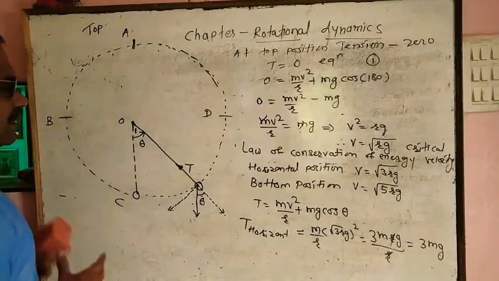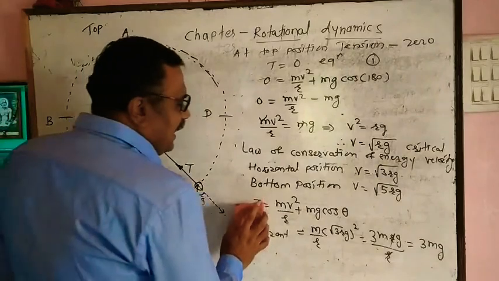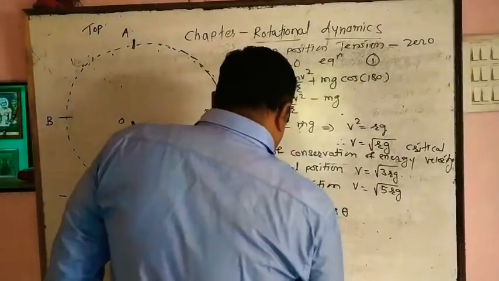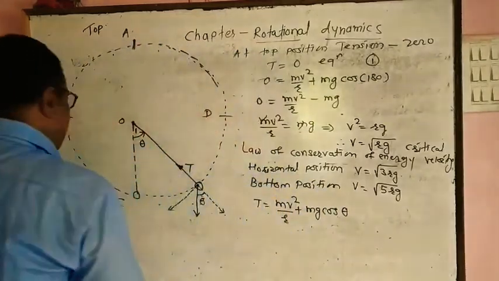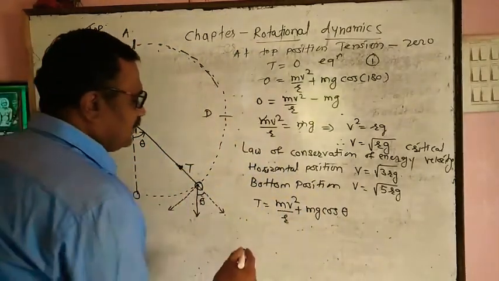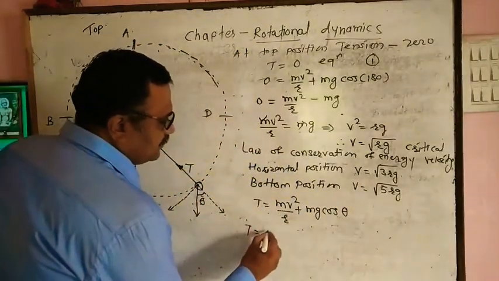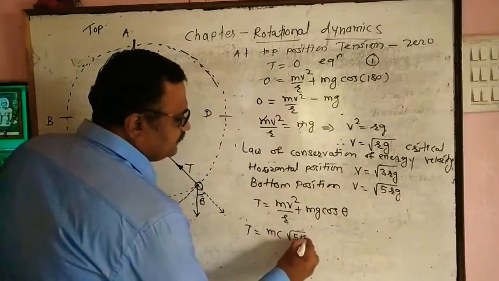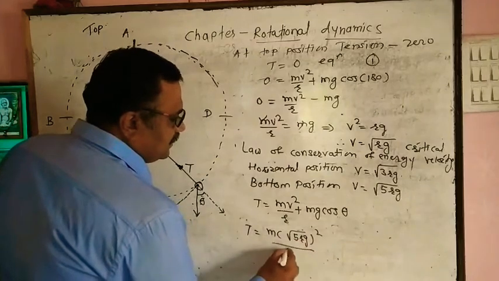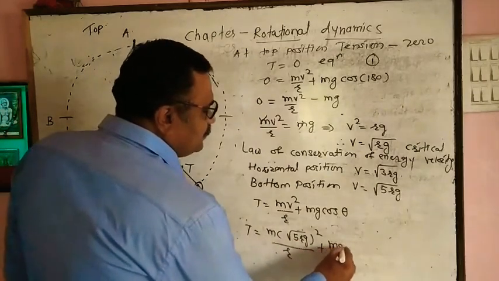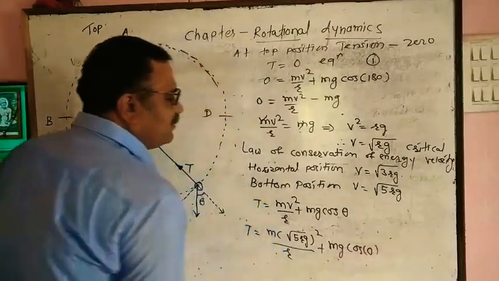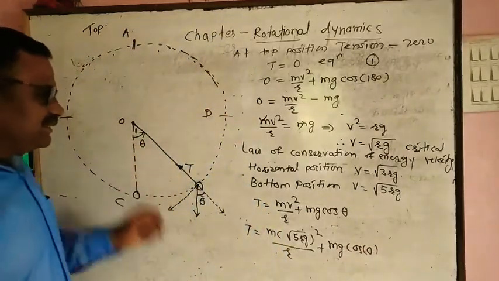Similarly, we calculate tension at the bottom position. To calculate tension of the string at the bottom position, we substitute v equal to under root of 5rg, plus m into g into cos of 0. For the bottom position, theta is 0.